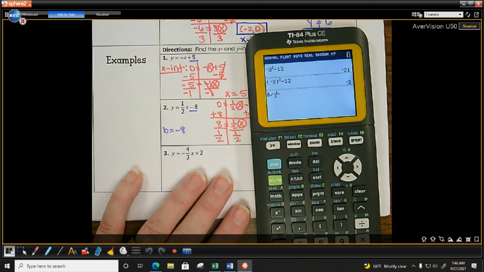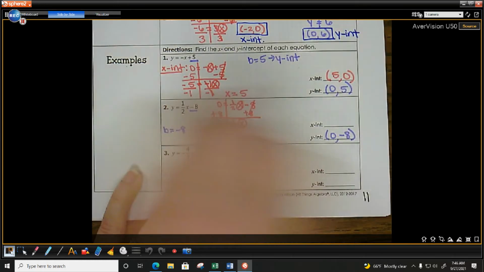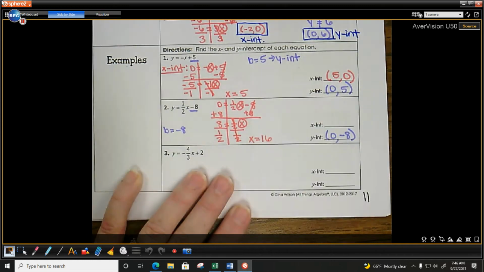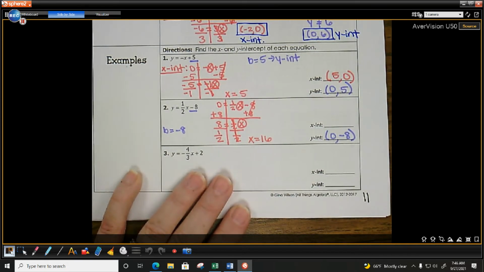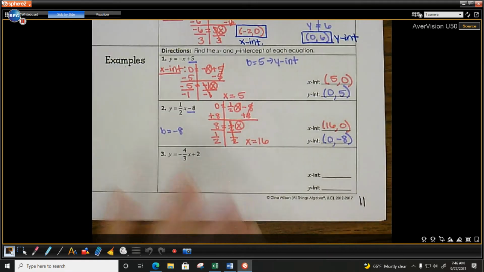It has to be 8 divided by a fraction of 1/2. And we get 16. So x is 16. So how do I write that as an ordered pair? 16, 0.